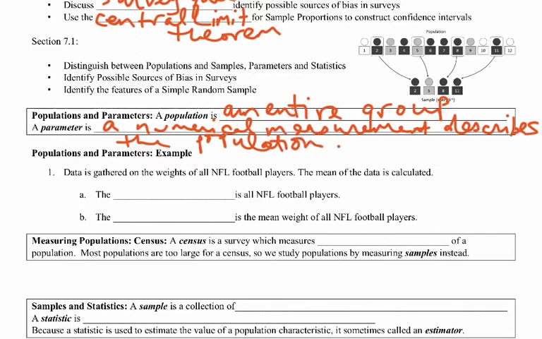It could be the size of the population. It could be a proportion of the population. But any measurement on the population that we may describe is called a parameter. It's really easy to remember that these go together because they both start with a P. So population is the entire group that you're interested in. The parameter is something that we measure about that group, some sort of measurement.